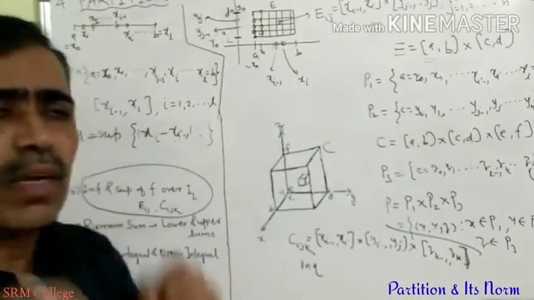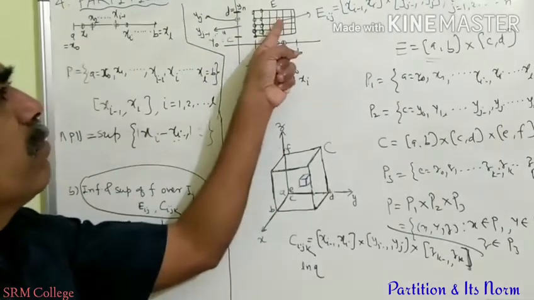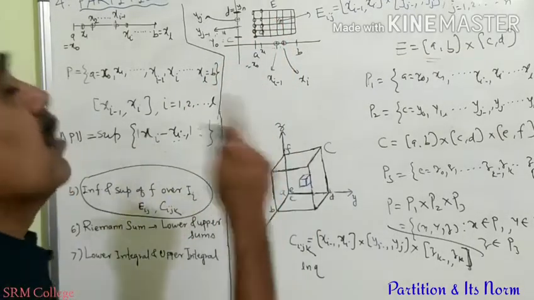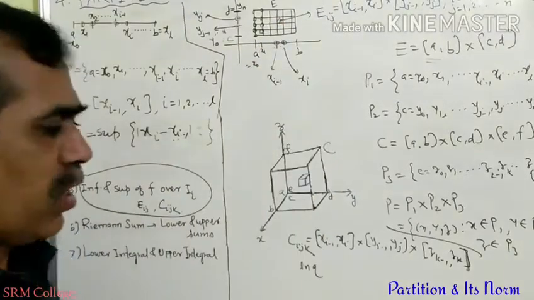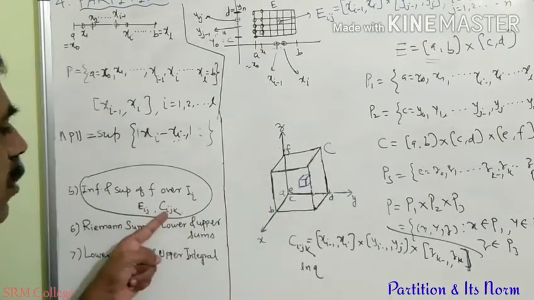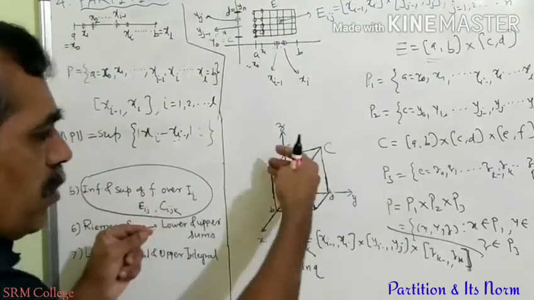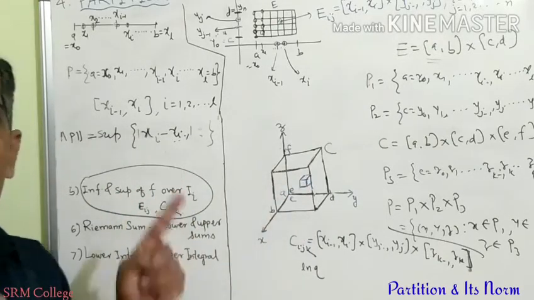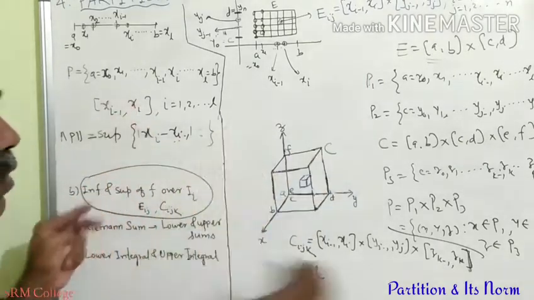In the case of two variables, the function is defined on E, f from E to R. So when defining the Riemann integral, we require the infimum value and supremum value of the function on this ij subrectangle. In the case of three variables, when defining the triple integral, f is defined on the whole of C. So you require the infimum and supremum values of the function on each of the subcuboids, because you consider all subcuboids.